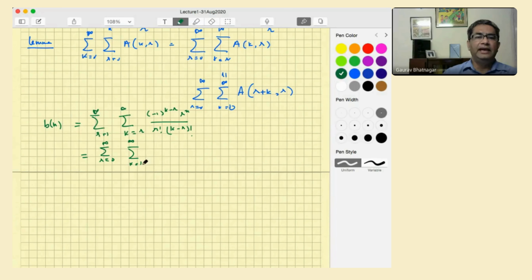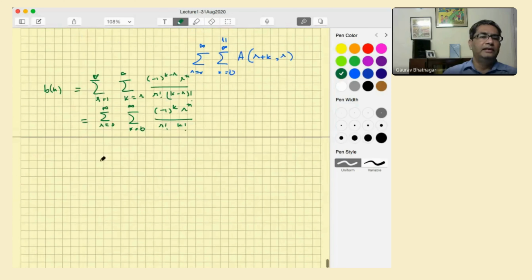So basically k was going from r, and here now it's going from 0, so you replace k by k plus r. So this becomes k, this stays r factorial, and this becomes k factorial.